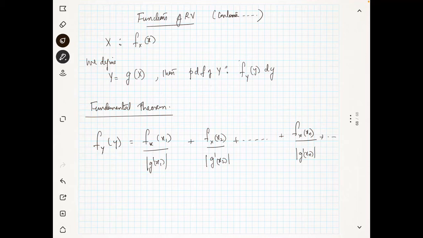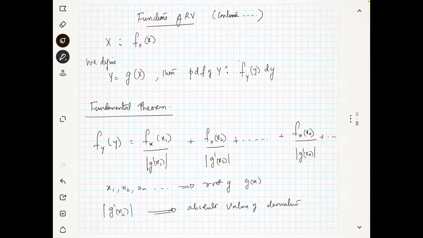Now what are x1, x2, and so on? x1, x2, xn, etc. are the roots of the function g of x, and the modulus of g dash of xi is the absolute value of the first order derivative of g of x.